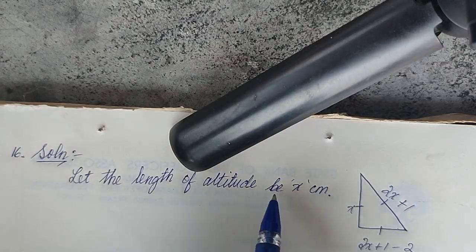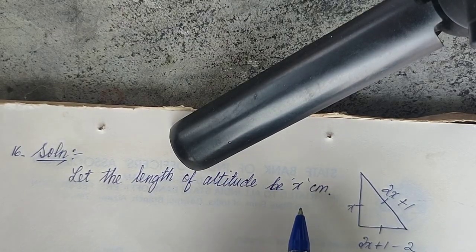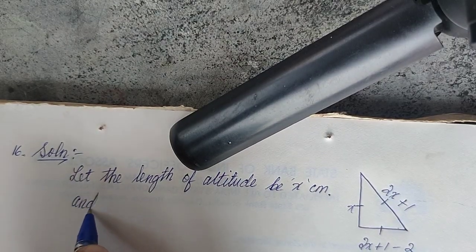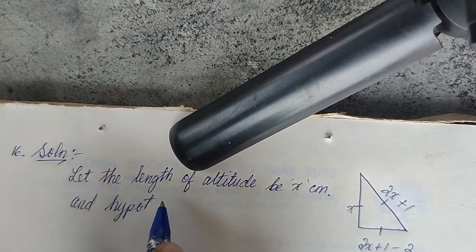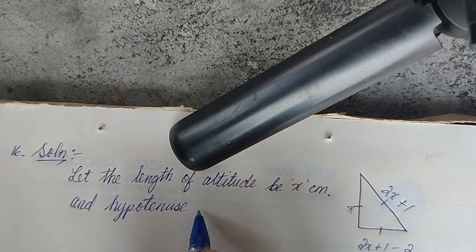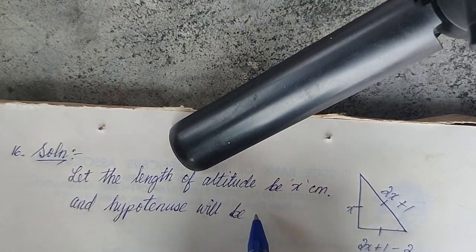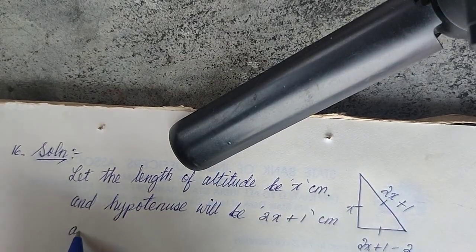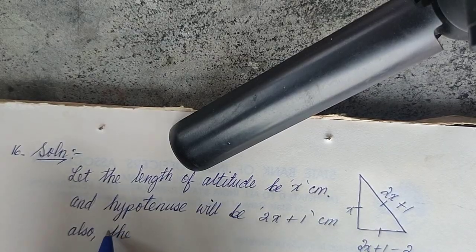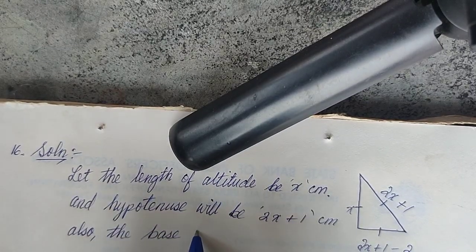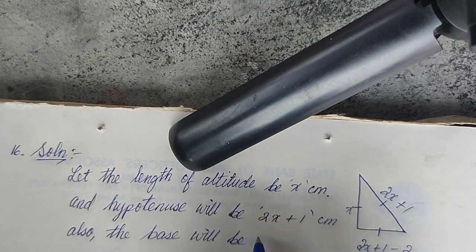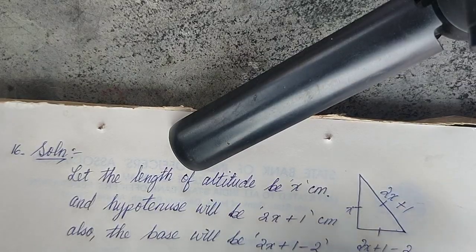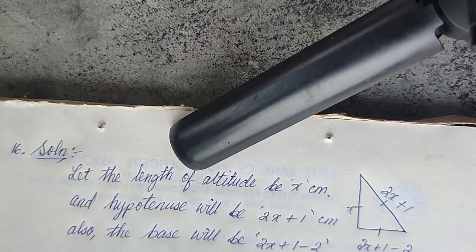So let the length of the altitude be x centimeter, the hypotenuse 2x plus 1 centimeter, and the length of the base will be 2x plus 1 minus 2, which is 2x minus 1.